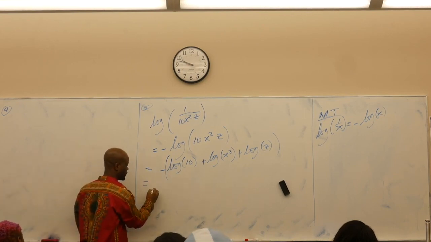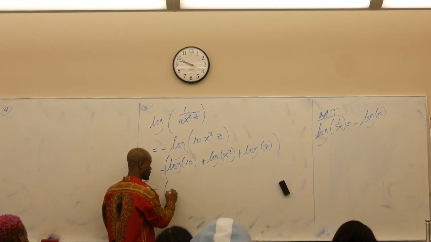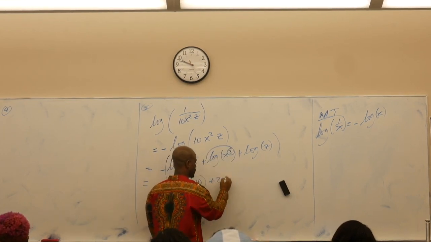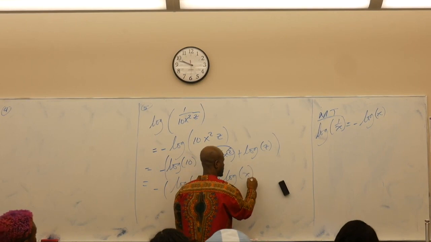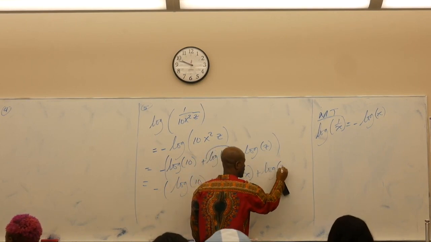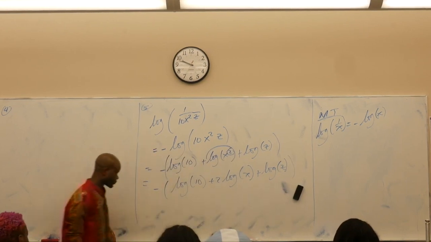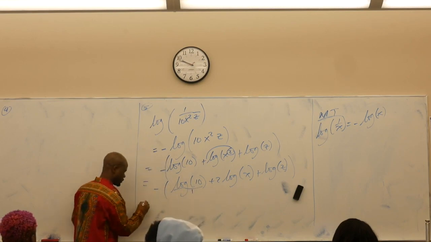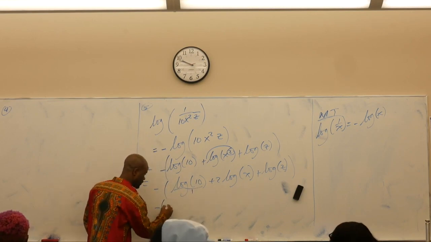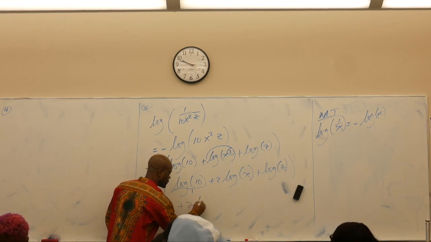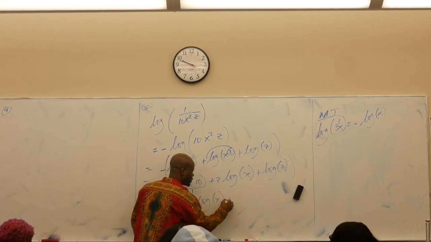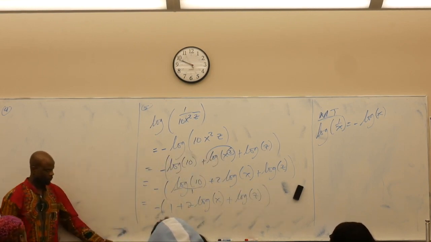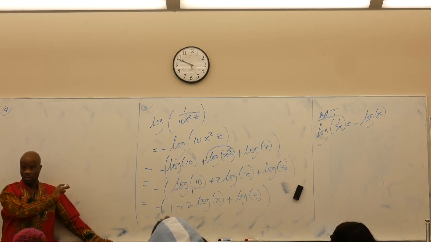And this is still negative the log of 10 plus 2 times the log of x plus the log of z. Do we know what the log of 10 is? 1. Okay. So this is negative 1 plus 2 times the log of x plus the log of z. So negative of that whole thing, right?